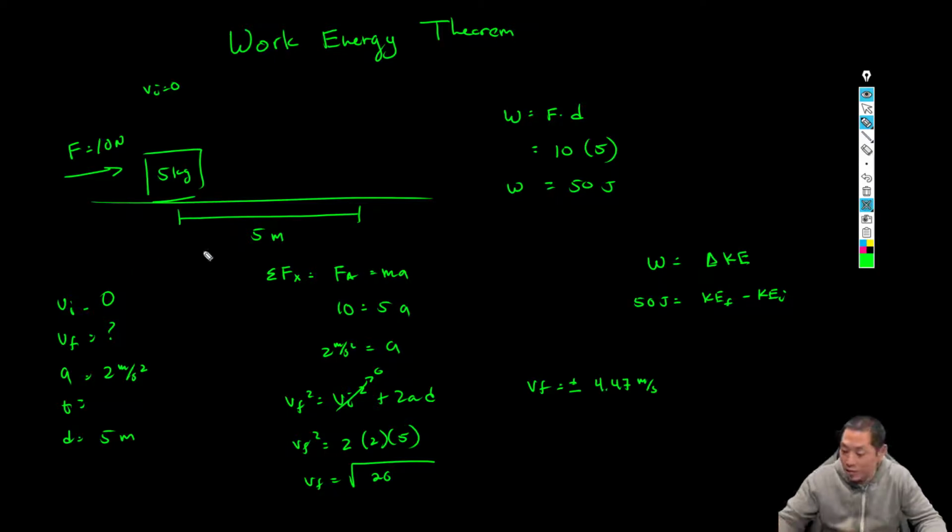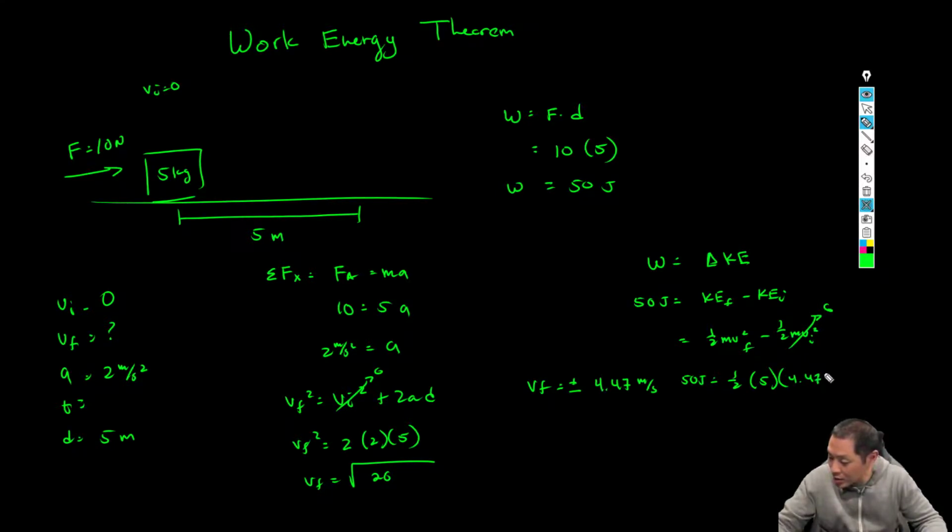Initial was 0, but we could put it in as 1/2 mv squared minus 1/2 mv squared, initial and final. The initial one is 0, so 50 joules should equal 1/2 the mass, which in this case was 5, times the velocity 4.47 squared. These should be equal, so let's find out. This is equal to 20, remember. So 20 times 5 is 100, divided by 2 is 50.